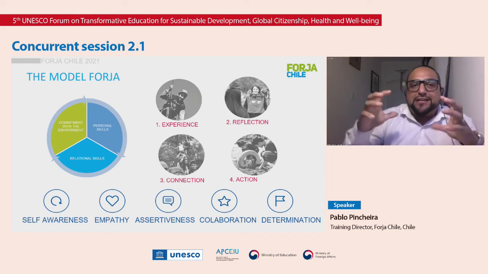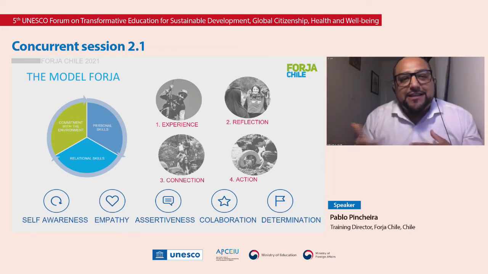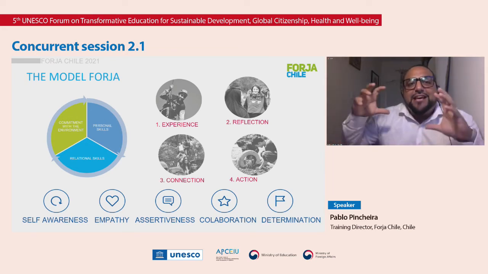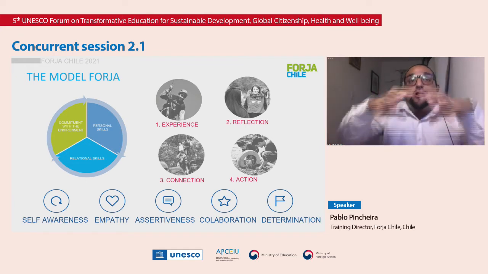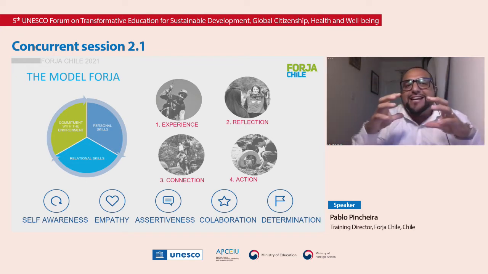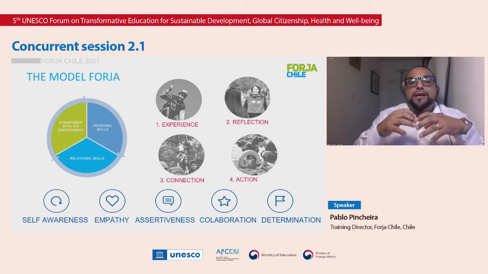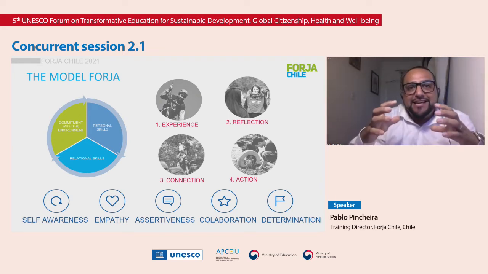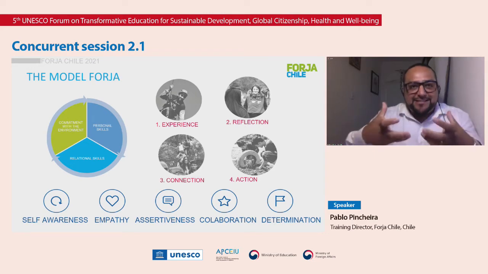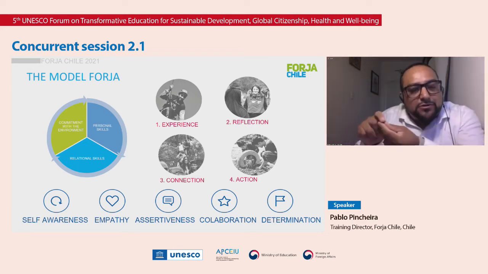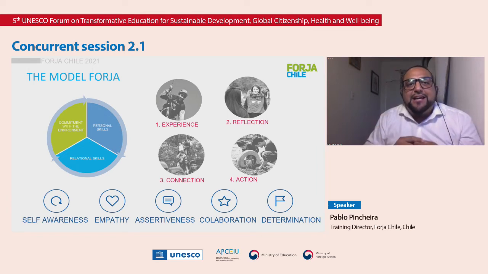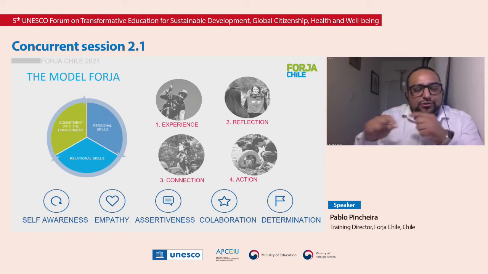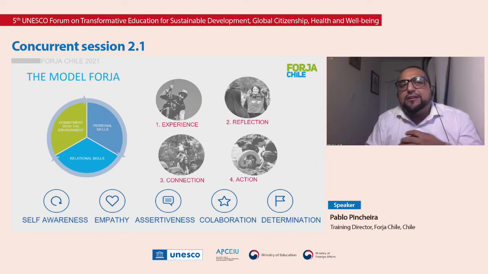And by using this model, we looked at the different personal experiences and individual experiences of the students, and we wanted to translate that into a community level action so that people can have a sense of belonging to the community and share that sense of oneness with one another.